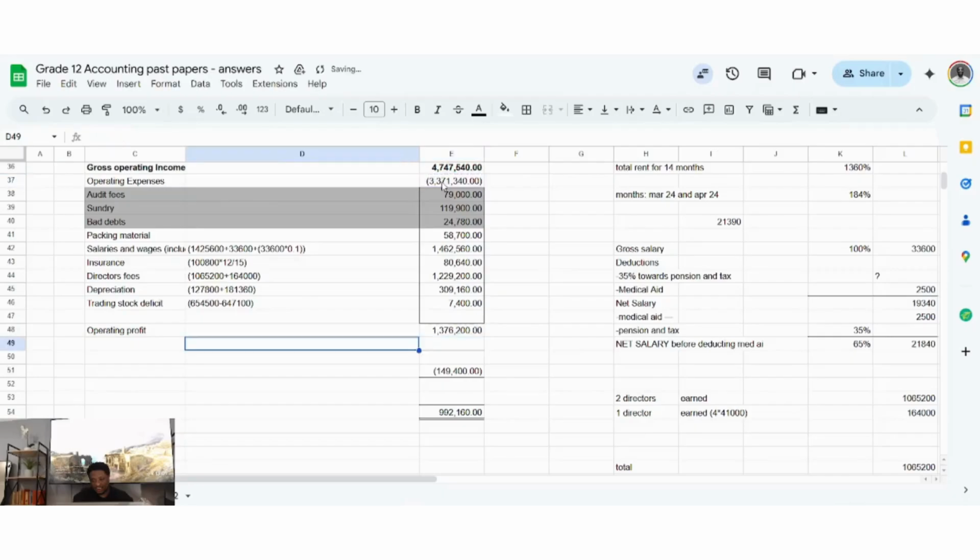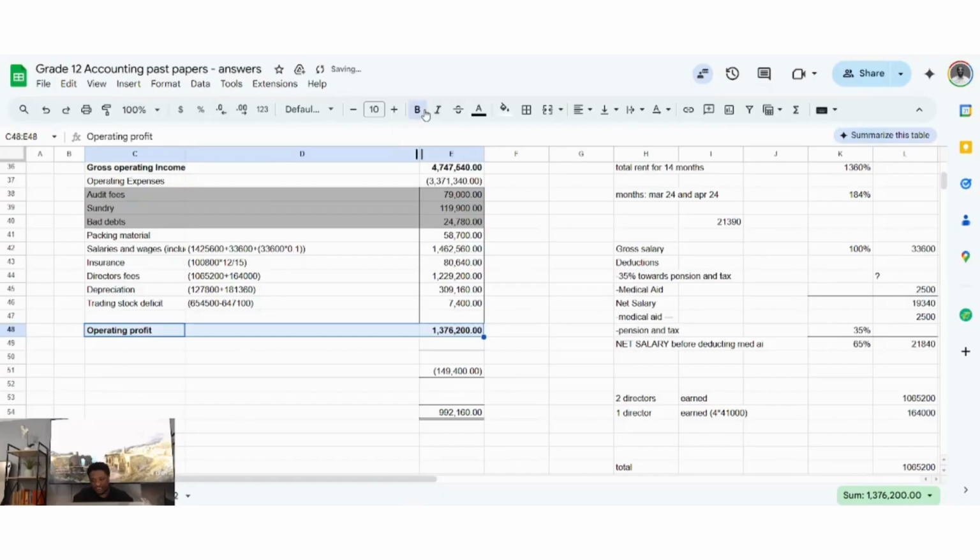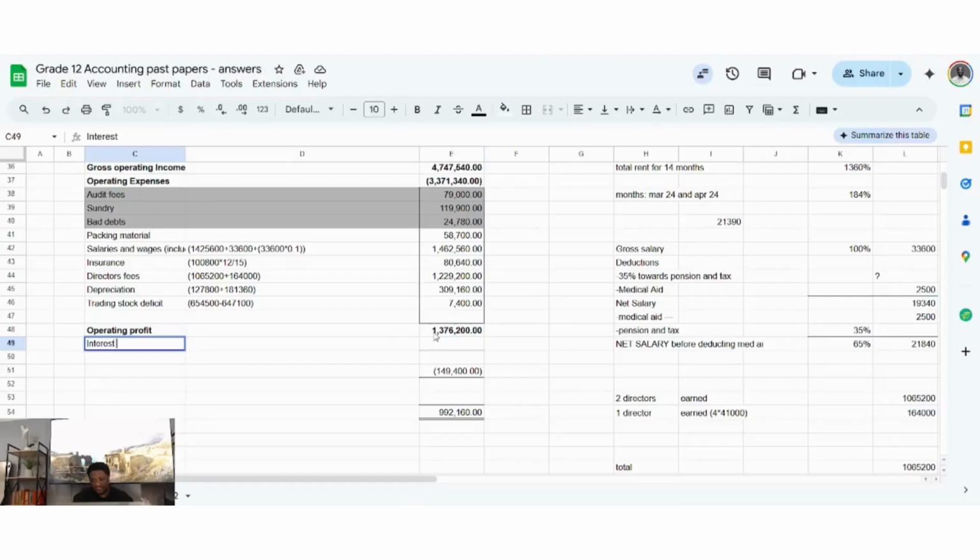And again here, this is another method mark for simply doing that calculation, even if your totals are wrong, it doesn't matter. This is another mark, by the way, because if you add up all your expenses, regardless of whether you got them wrong, the fact that you need to add them, you get a mark. And then after that, we have to look at the interest income.